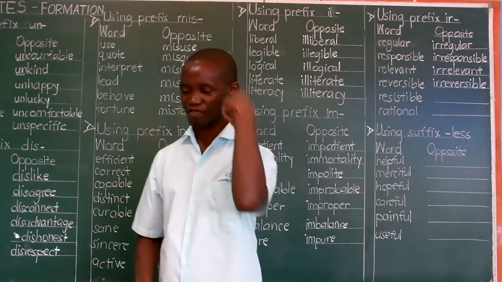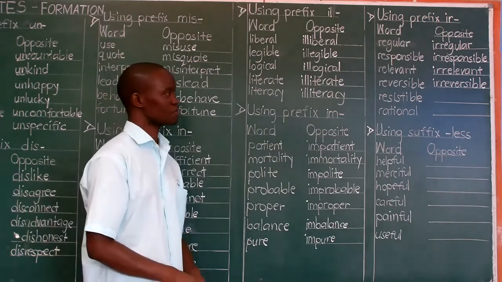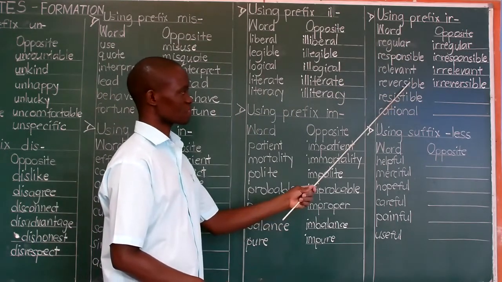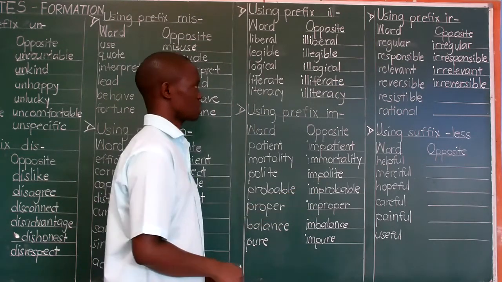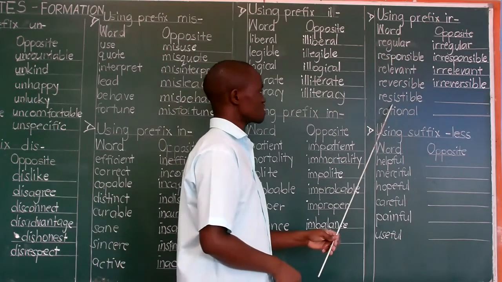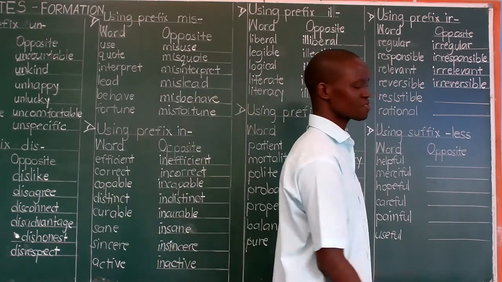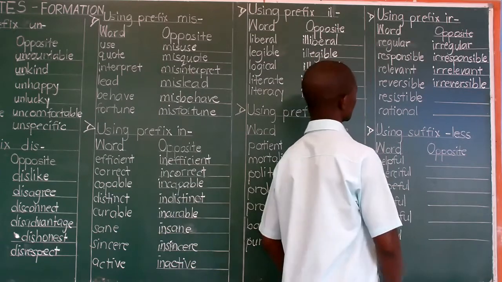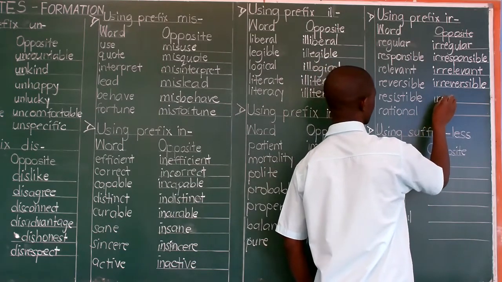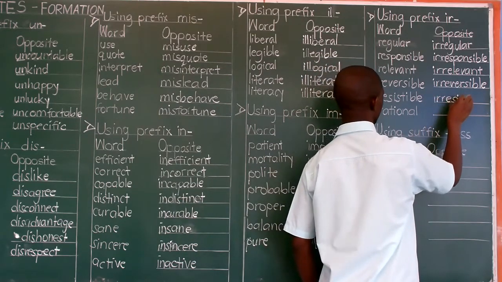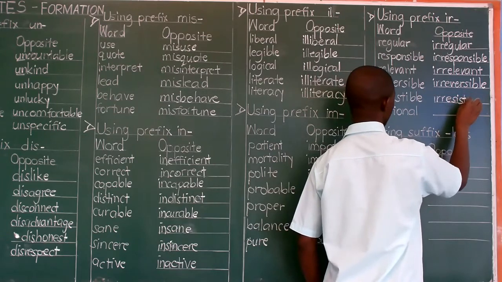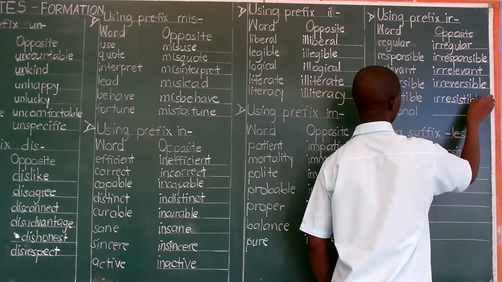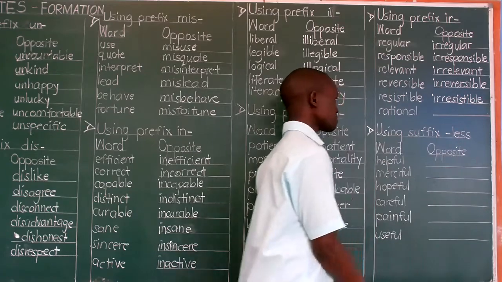Yes, there are people who write it with an A between S and B, which is wrong. Then resistible, not resistible, but irresistible: I-R-E-S-I-S-T-I-B-L-E.